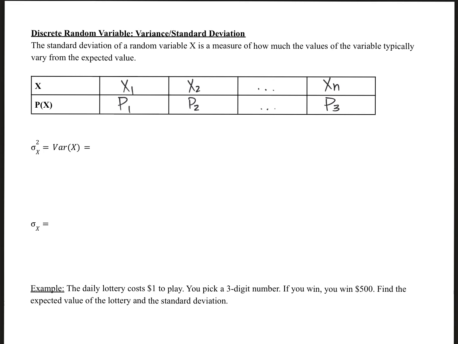In order to calculate variance, the first thing you have to do is calculate the mean. Then for each x value, you subtract the mean, square it, and multiply it by its probability. And then you keep adding. So you would do the second value minus the mean squared times its probability, and you keep going for however many values you have.